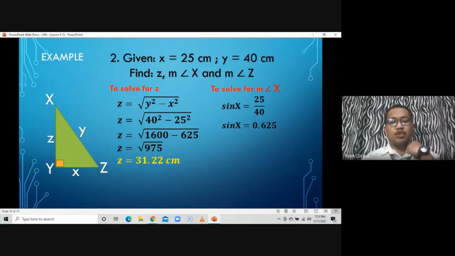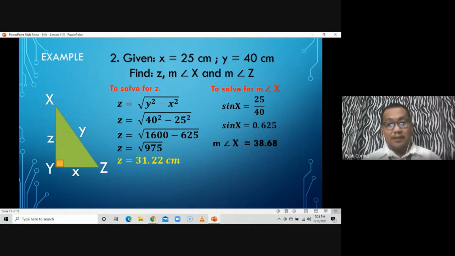Again, press shift, press sine, then press 0.625, then press equals. Makukuha mong ang lalabas dyan ay measure ng angle x, which is equal to 38.68. Ang lalabas dyan, yung measure in decimals.